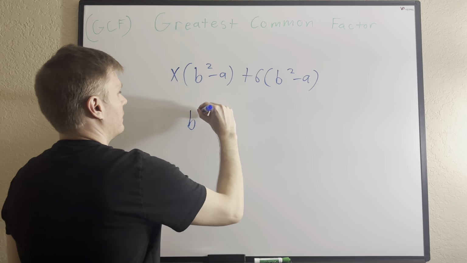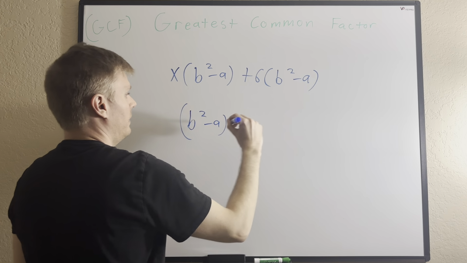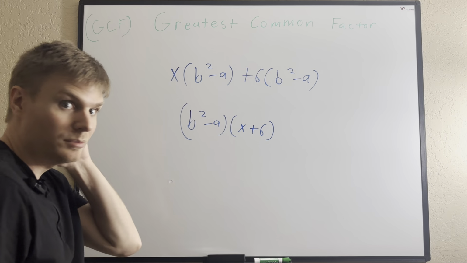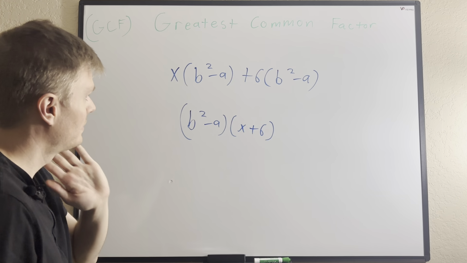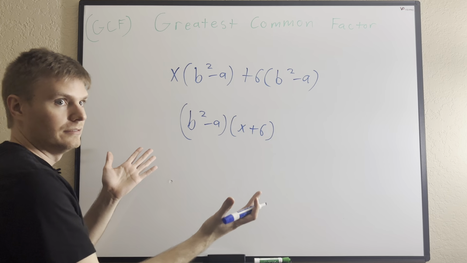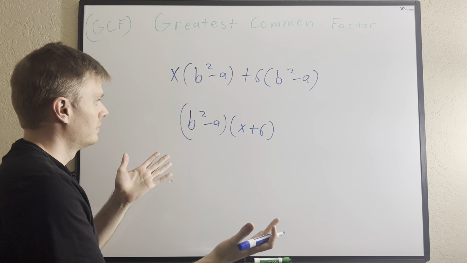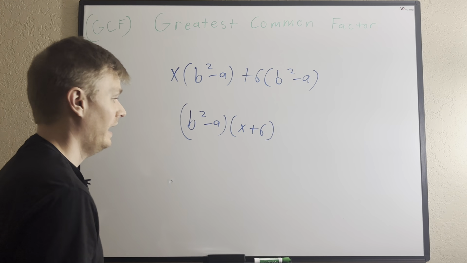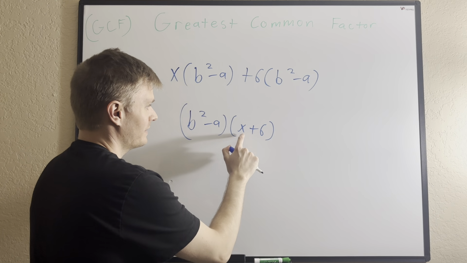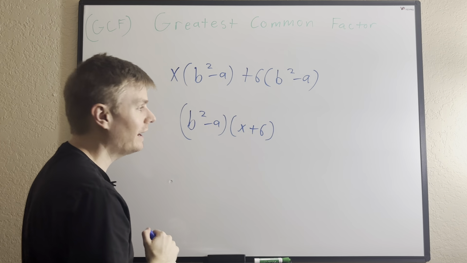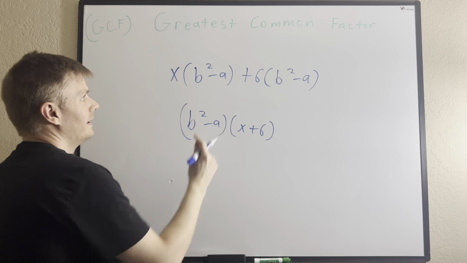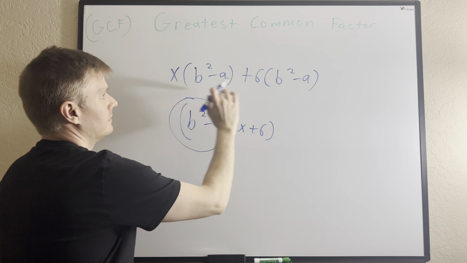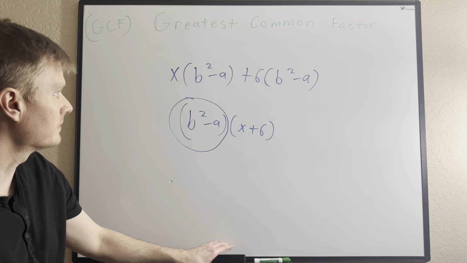This is just the opposite of the distributive property. So if somebody asks you what the greatest common factor is, well, I actually don't know which one's greater because we don't know what x is, we don't know what b is or a. But in this case, it was this because they both had that in common.